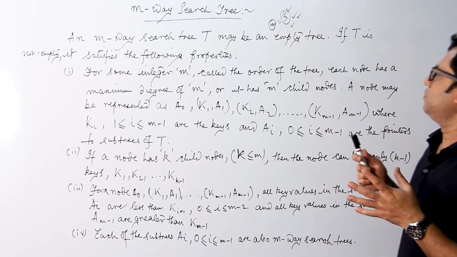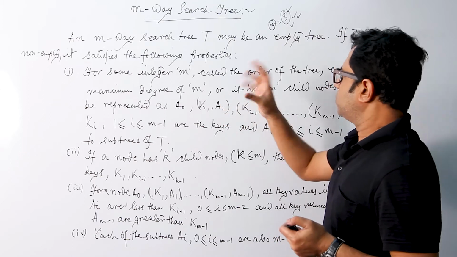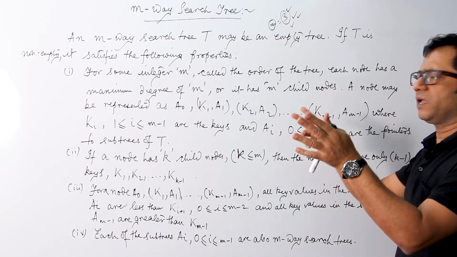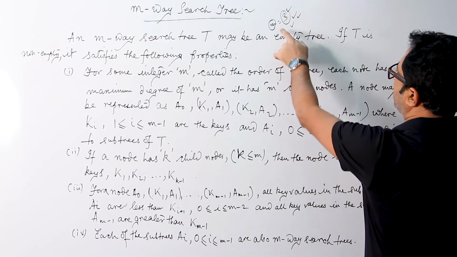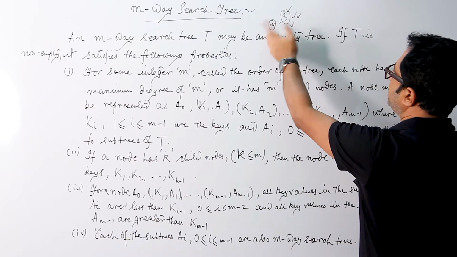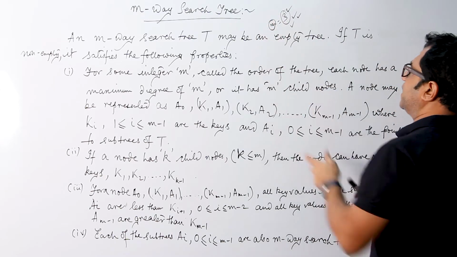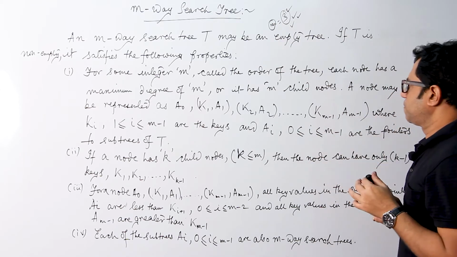So if m is the order of the tree, each node of the MWay search tree will lead to at most m child nodes. Any MWay search tree with order 3 can lead to at most 3 child nodes.